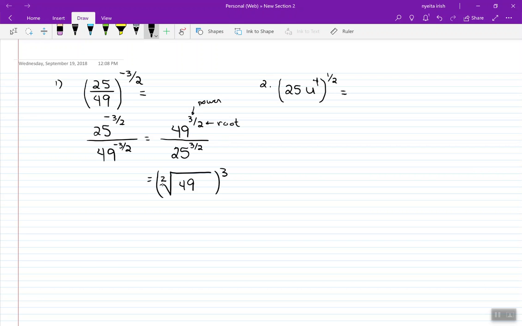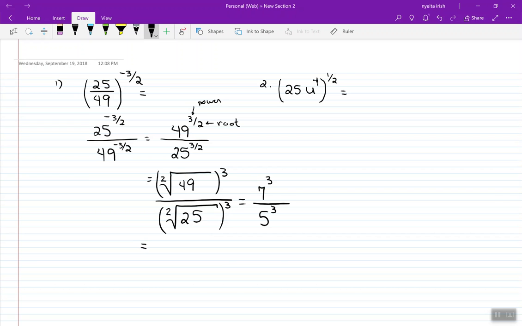Power on the outside, root on the inside here. And the same here, the square root of 25, and then the power is the number on top. So now take the square root of 49, which is 7 cubed, and the square root of 25 is 5 cubed.